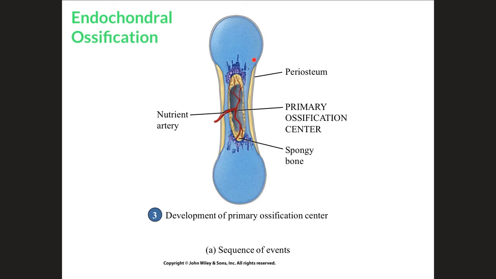Chondroblasts lay down cartilage, and when this nutrient artery comes in through the periosteum, it is going to stimulate those cells to now form osteoblasts rather than chondroblasts. So now we're going to have osteoblasts that are going to start to lay down the extracellular matrix of bone. There is also going to be the primary ossification center formation, where bone is also going to be laid down in that middle area, taking over those areas that cartilage had been initially.